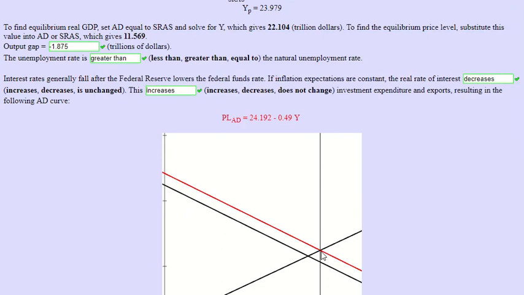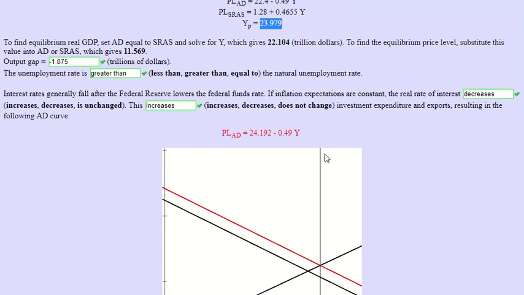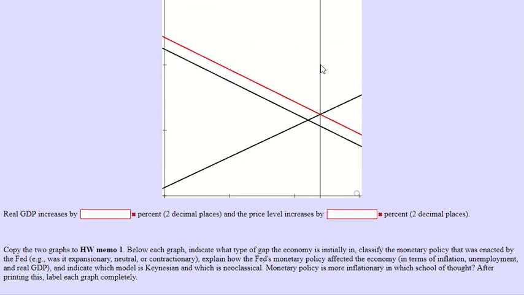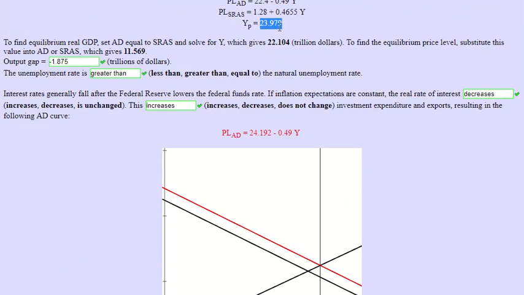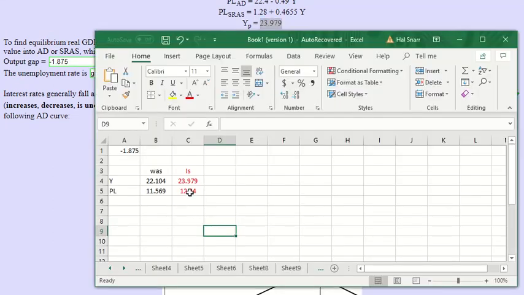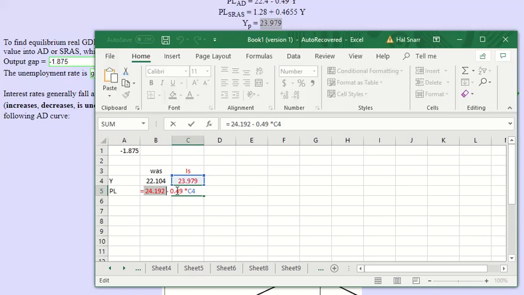At the new equilibrium, GDP is equal to potential. At the new equilibrium, right here, where short run aggregate supply crosses new aggregate demand, the new GDP level is potential, which is 23.979. We plug that into the new aggregate demand curve with an intercept of 24.192. So this is the new aggregate demand curve. That's the new level of GDP, and this is the new price level.